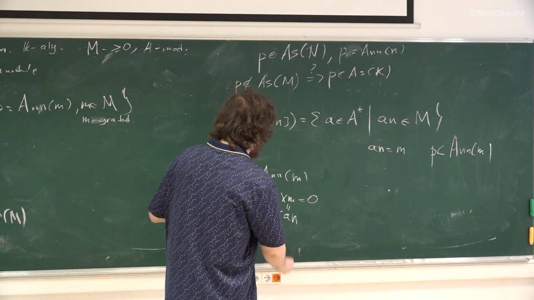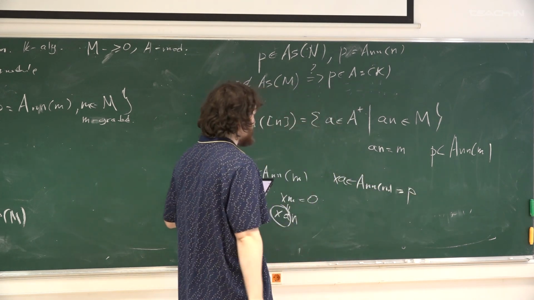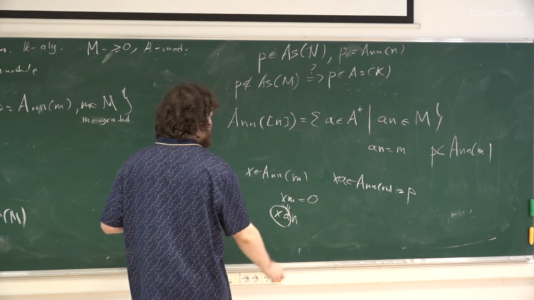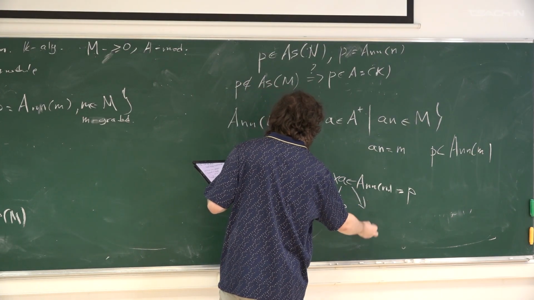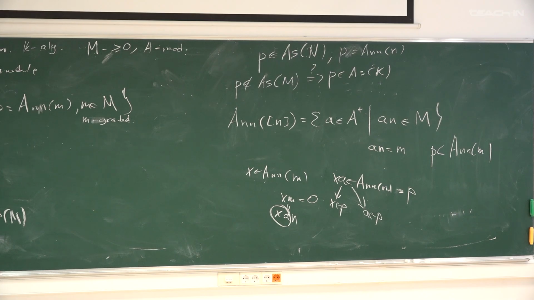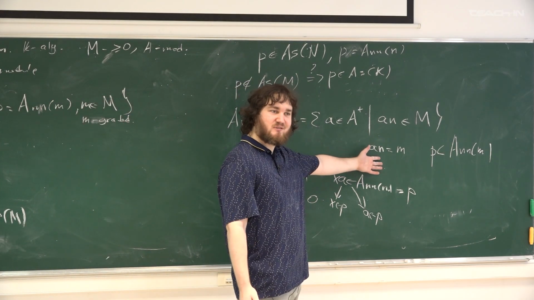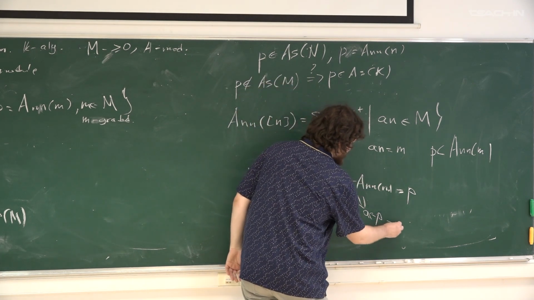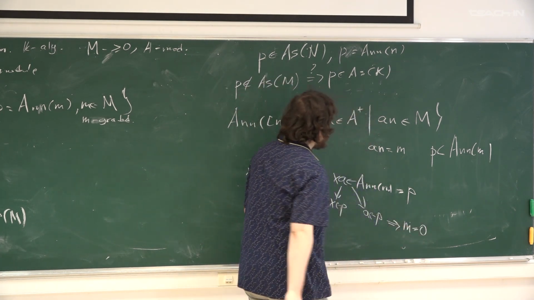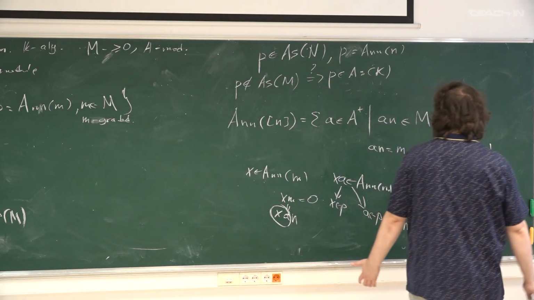So this means that xa is in the annihilator of n, which is P. Because P is prime, I have two situations: either x is in P, or a is in P. If a is in P, then m is 0. Yes? This means that m is 0.